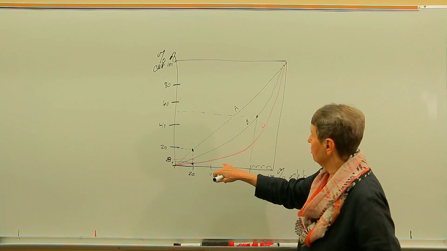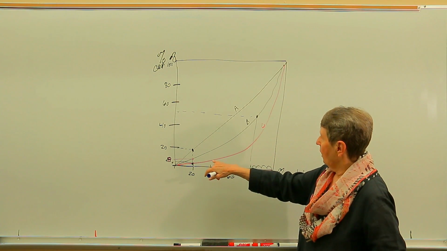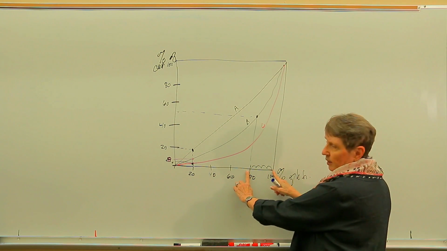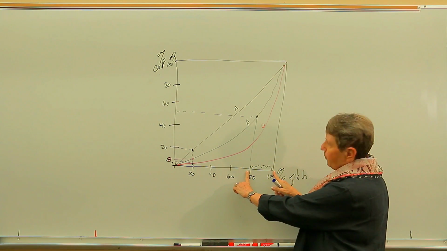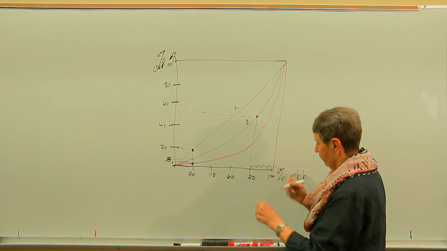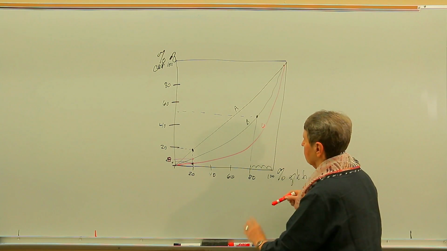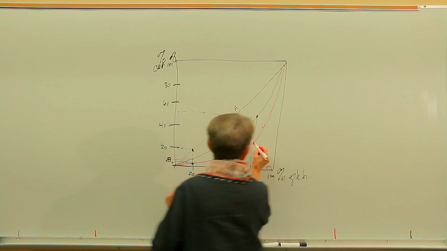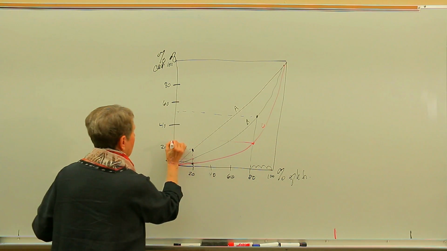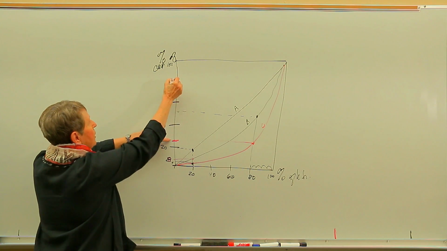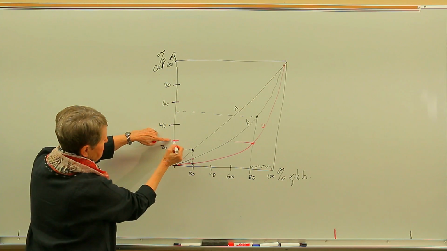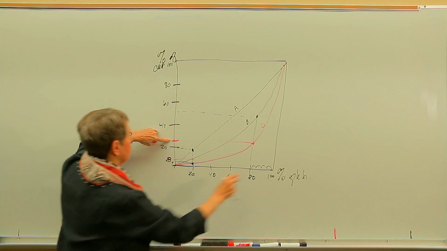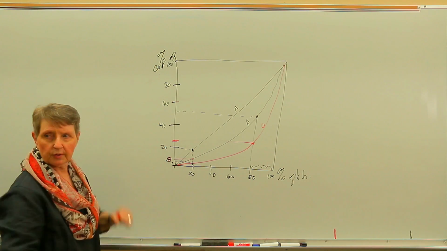But in an economy like C, these rich guys right here, this top quintile, have 75% of the income. 20% of the households have 75% of the income.